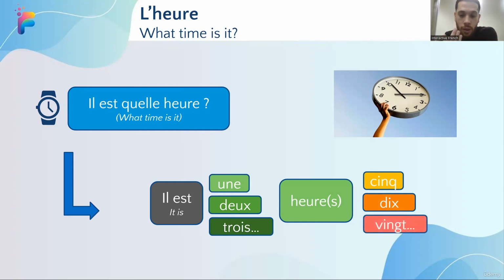If it's 20 past 1, you can say il est 1h20. And so on and so forth, right? You add the hours first and then the minutes. Okay, if it's 1:30, il est 1h30, il est 1h40, il est 1h50. So I hope you know your numbers.